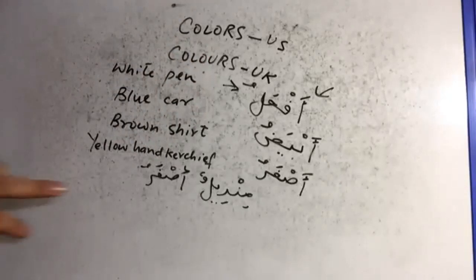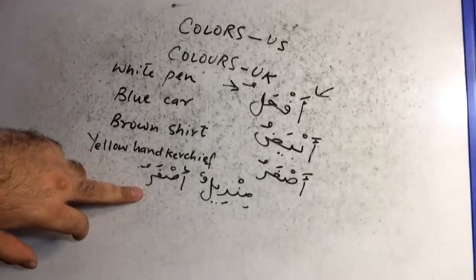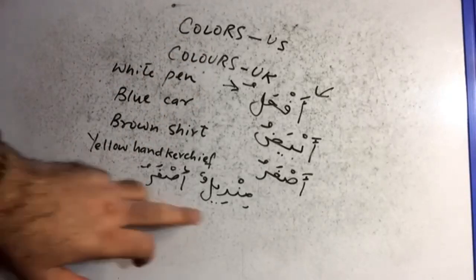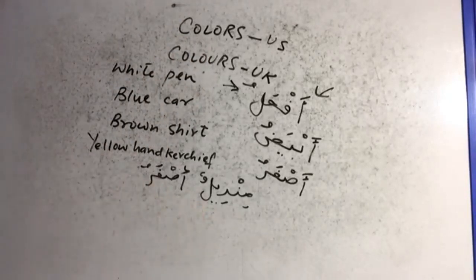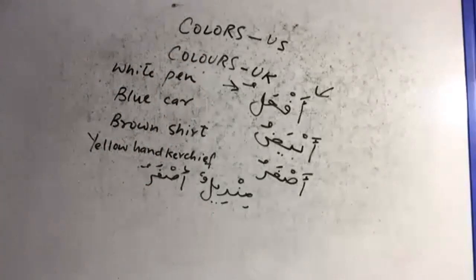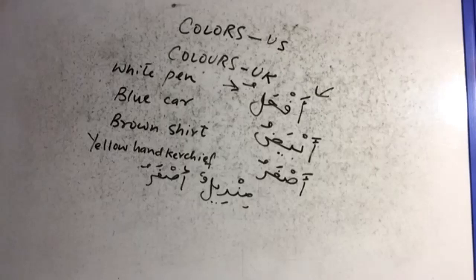So they will not take tanween. If its mausuf is nakira, its nakira form will be like this. But yes, they can take alif lam. It's not that they don't take alif lam; they will take alif lam if it's definite. So if it's al mindilu, you can say al asfaru.